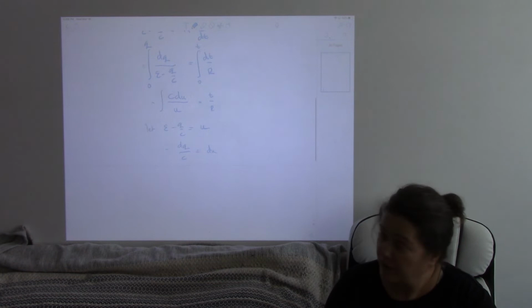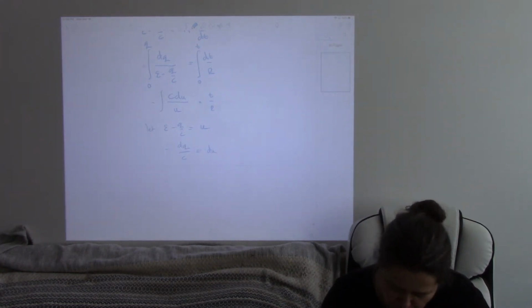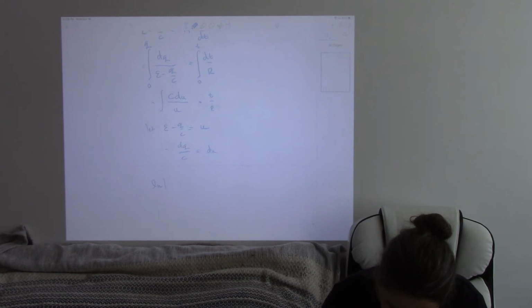So what we have here in the end is the natural logarithm of U, and we can replace U with E minus Q over C, equals negative t over RC.